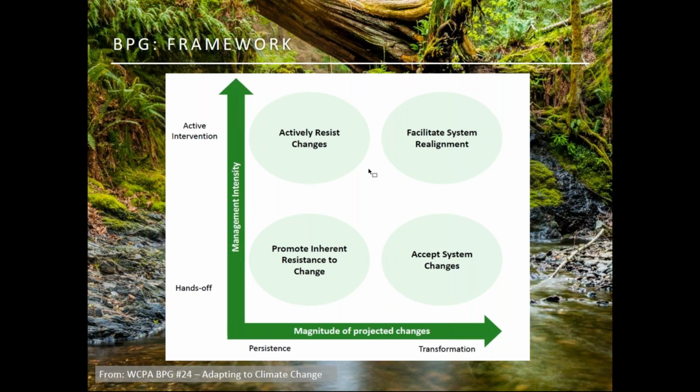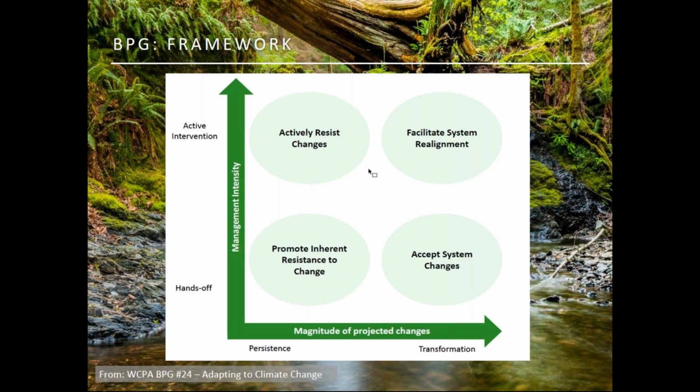Let it go, toss the coin, or active intervention. And then obviously recognizing that, well, there's persistence, but the reality is that, as I said before, changes and transformation are happening all around. Ecosystems are transforming, they're changing.